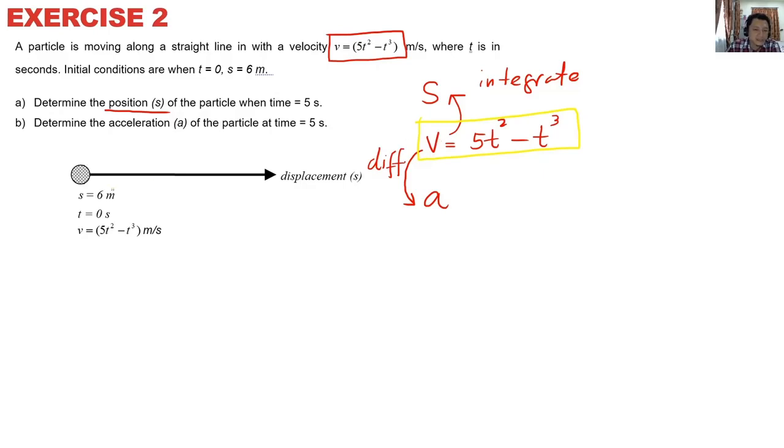Okay. So this is one exercise that you should try on your own. The only thing which is a little weird is probably the initial condition. The initial condition is changed a bit. So when time is equal to 0, S is no longer equal to 0.